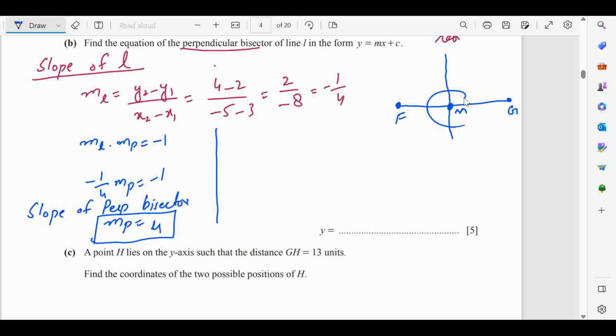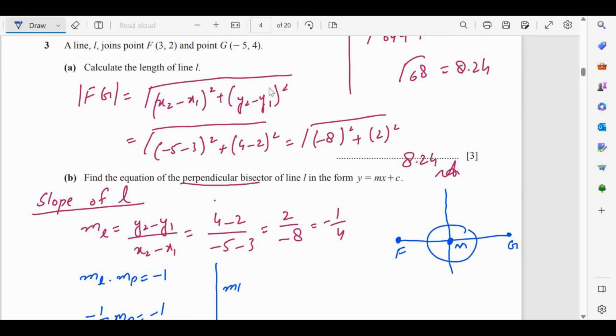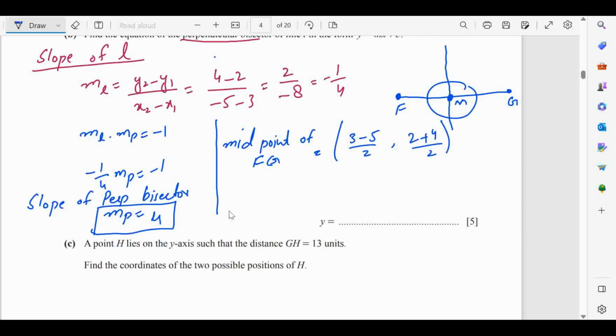So using this concept, we can write the midpoint of FG. We know the formula for midpoint is x1 plus x2 and y1 plus y2, whole divided by 2. So this will be equals to minus 1, and here this will be equals to 3.